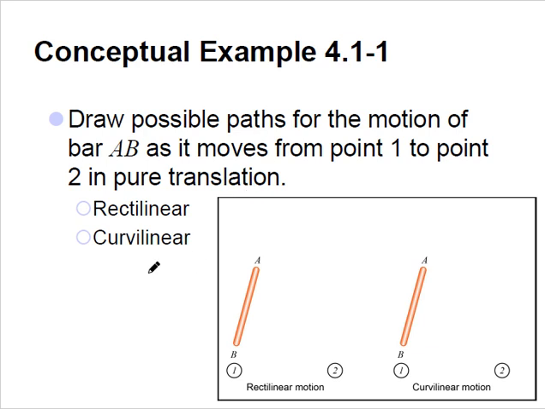This is just your interactive textbook activity. Here it is asking you to draw the paths for the motion of this bar, AB bar, and it's going to move from point 1 to point 2. Your point 1, your point 2 is right here. And it's going to go with pure translation, motion in a straight line.